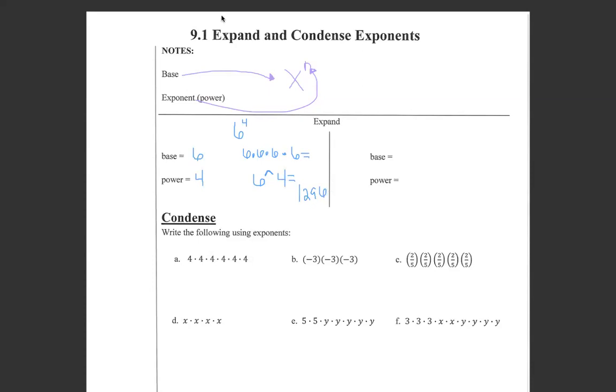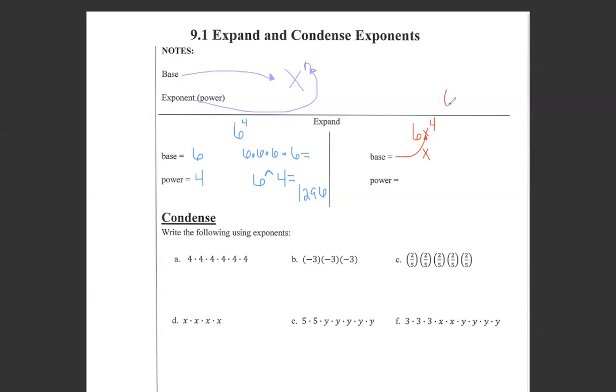Now, I might give you something with an actual variable, something like 6x to the fourth power. I want you to be very careful with this. Your base here is not 6x. Your base is just the x, because the 6 is not being taken to the fourth power, just the x.